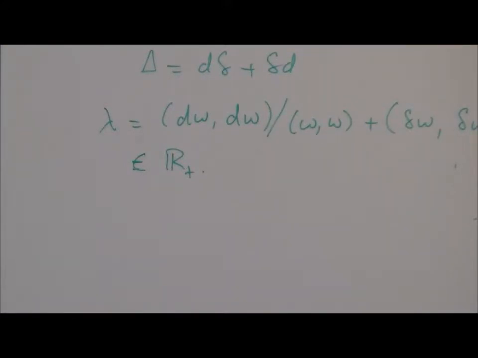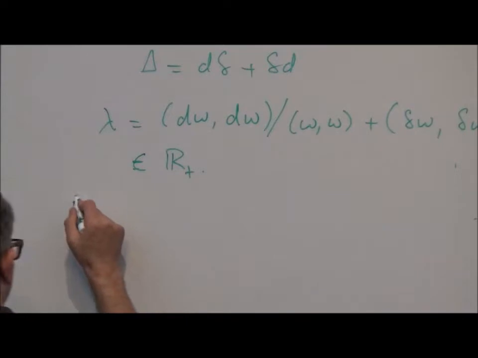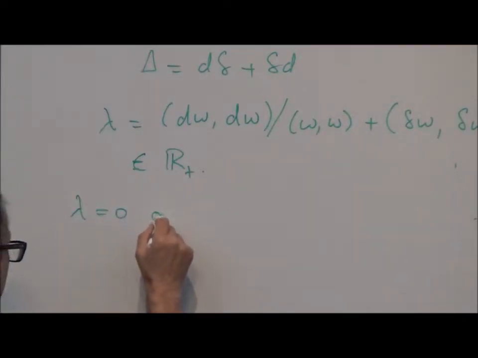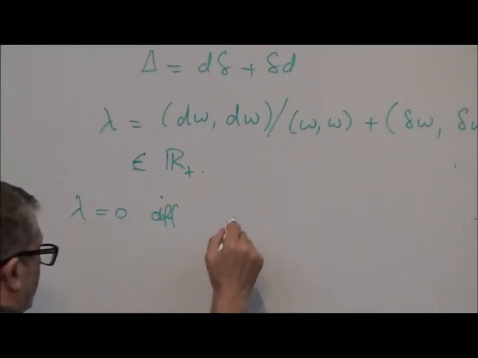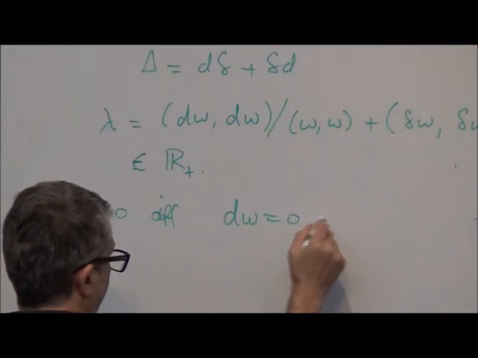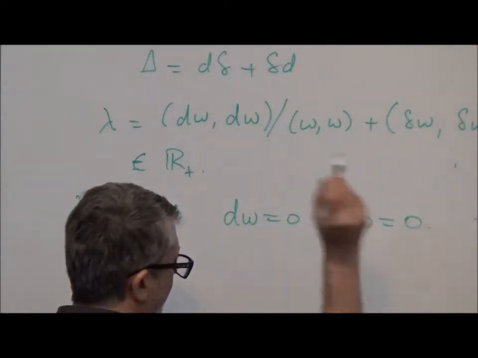So the only way we can get lambda equals 0 is if that happens.